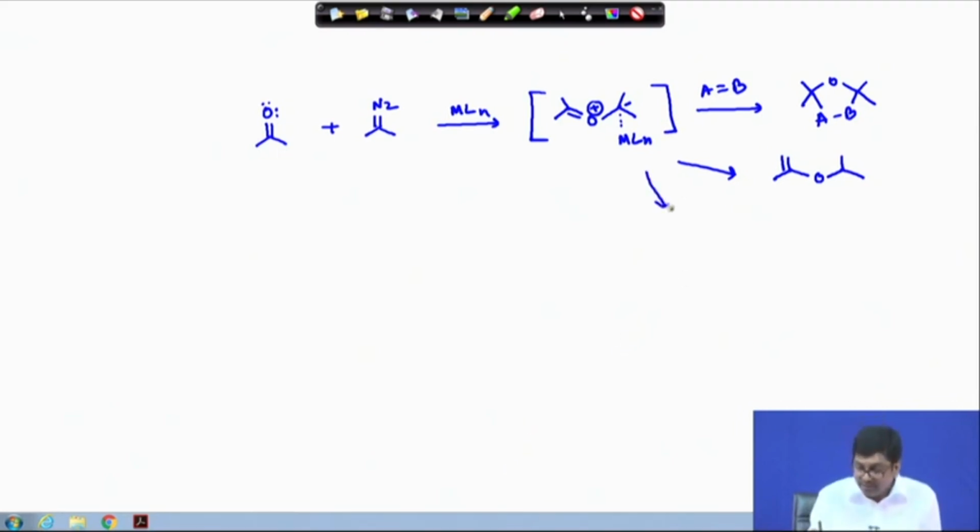So, this can react over here and this oxygen can come from this double bond. Overall, it can give the corresponding epoxide product. So, there are various ways that it can proceed.